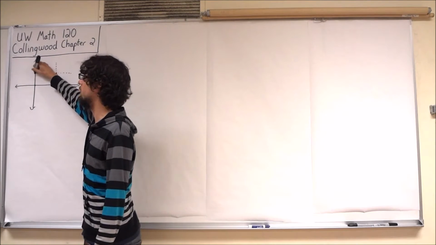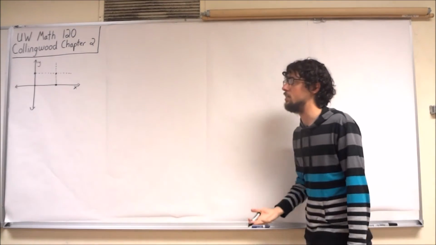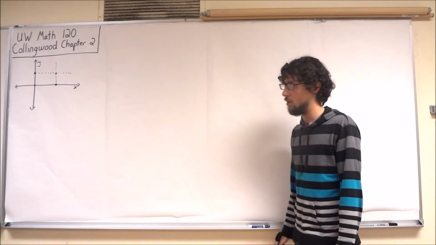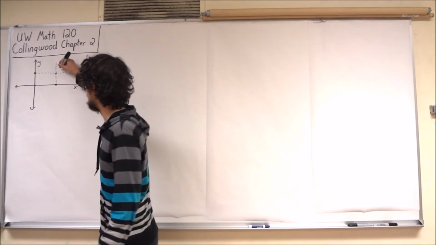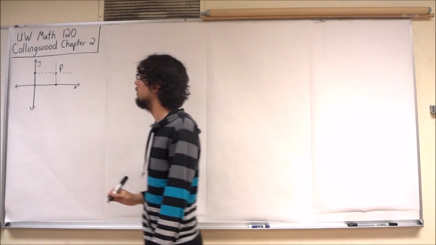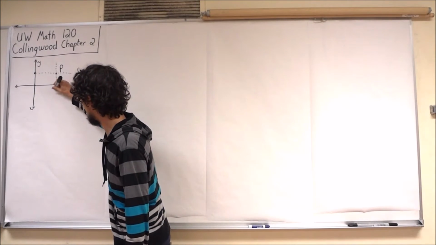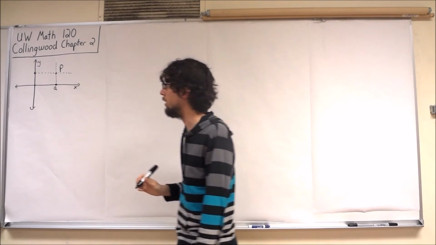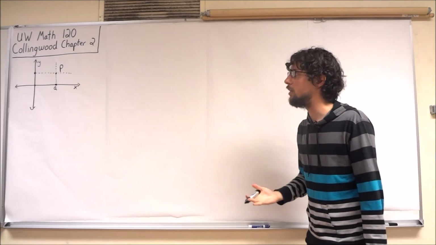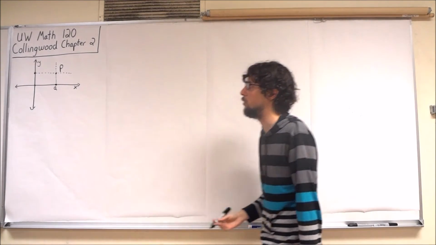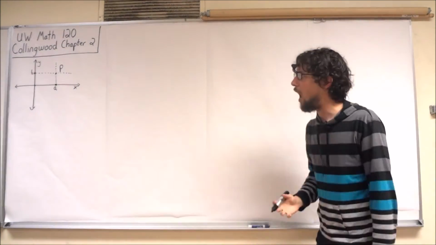And notice similarly that it hits the y-axis in exactly one point. So given this point, which we might call P, we draw a vertical line which intersects the x-axis at some point, which we might call A, and intersects the y-axis at some point, which we might call B.